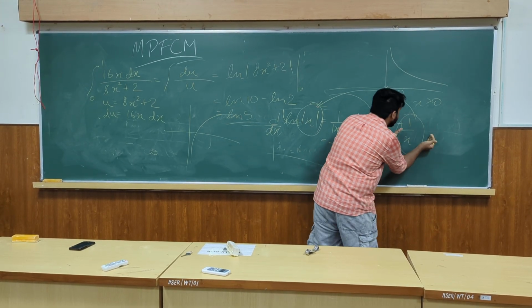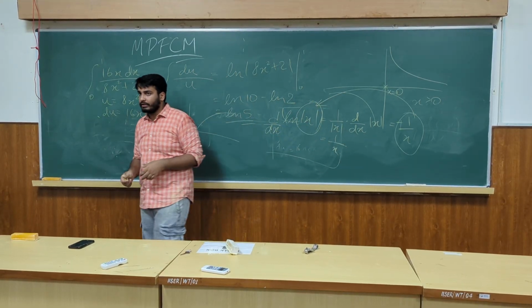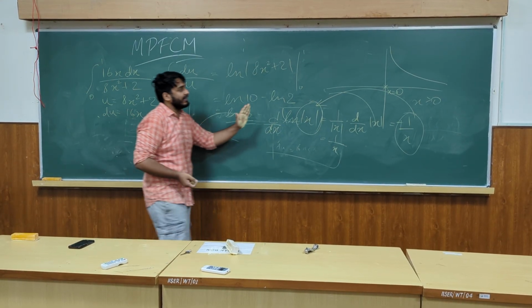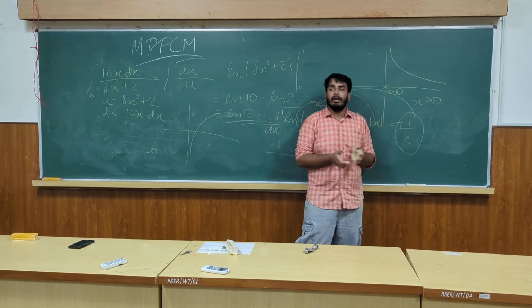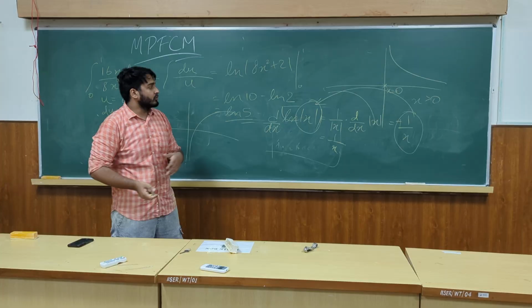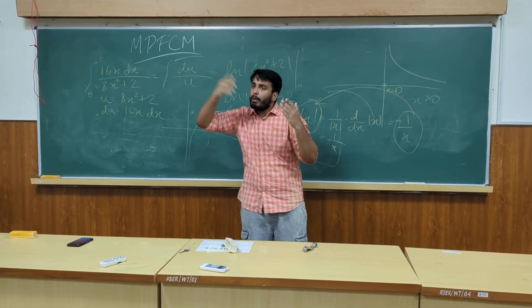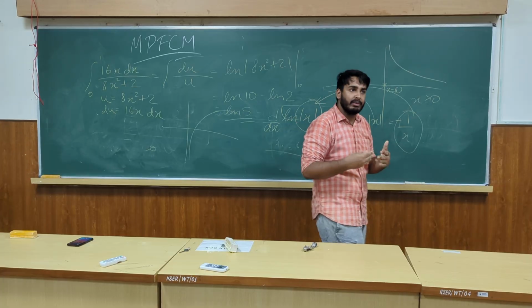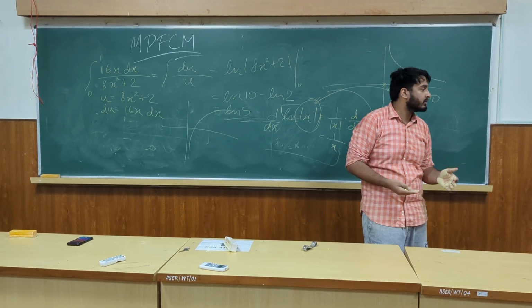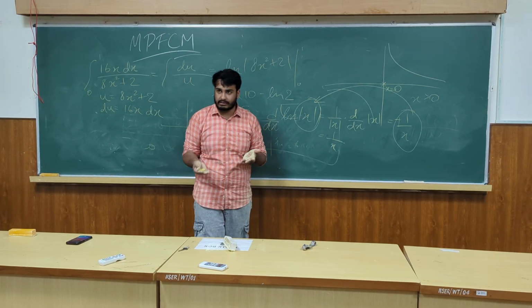So when I integrate this, I should get back this function. And the reason I have put up a mod here is so that it works for the entire domain of 1 over x, because now we are talking about 1 over x as a function. So in our mind we are thinking that fine, we need to go back to the original function. But when I say 1 over x, I mean all values of 1 over x. So for that, I need ln of mod x rather than just ln x.